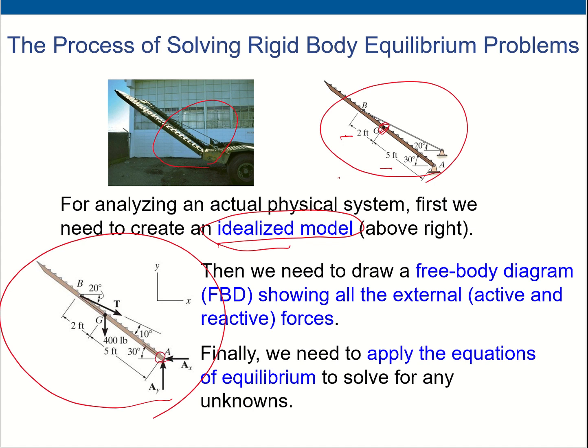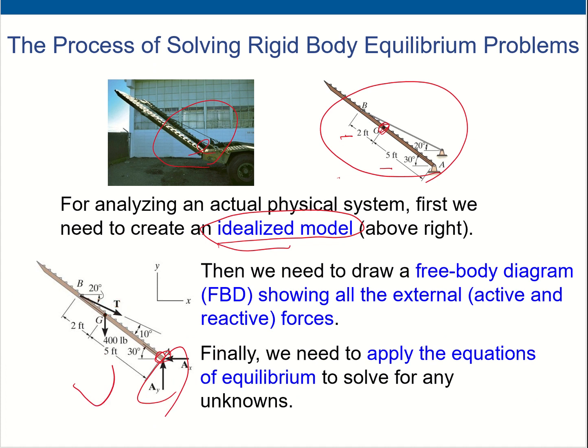We have to show this information first, and then we can express all the unknown and the known forces. Since this is jointed as a pin, there should be two support reactions. And there is tension by the cable, and there is weight by the ramp.